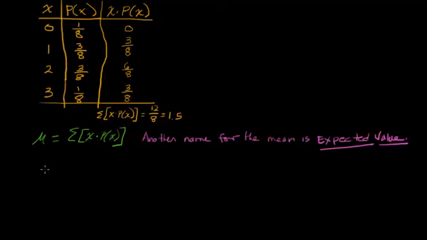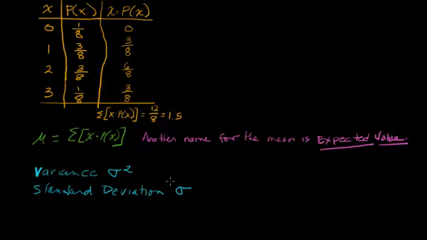Now we want to find the standard deviation of this probability distribution. Recall that the population variance is sigma squared and the standard deviation is sigma. So if we can find the variance, then we can just take the square root to get the standard deviation.